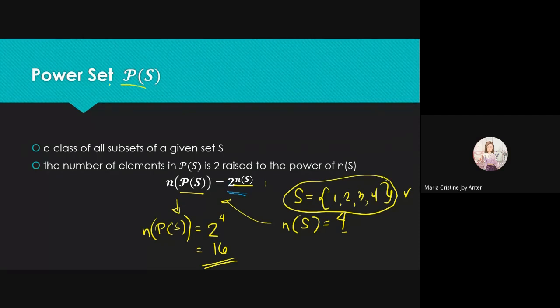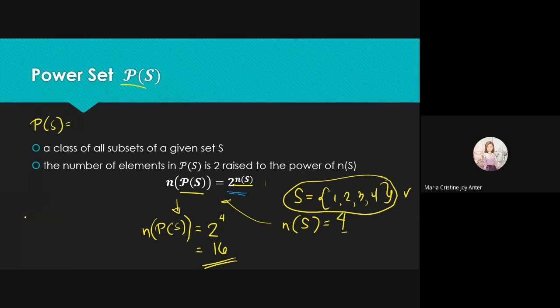Isulat ako siya dali sa taas para taas-taas kung masulatan. So therefore, the power set of the set S will contain the following elements. Dili siya mao dapat, di akong gamit brace.